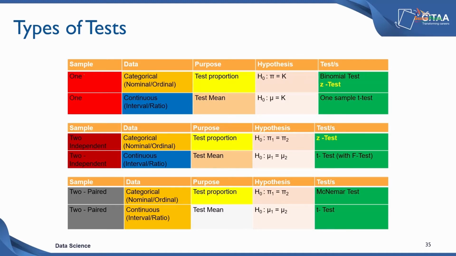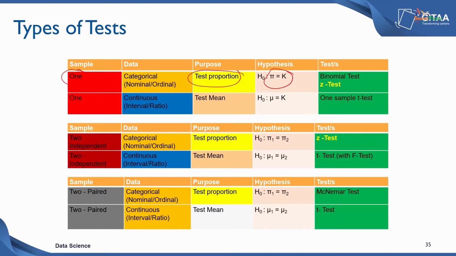If you have one sample and one variable, and the variable is a proportion, and you want to test whether that variable is equal to a particular value. Let's say somebody comes and says the percentage of women working in the IT industry is 32%, and you want to substantiate that.